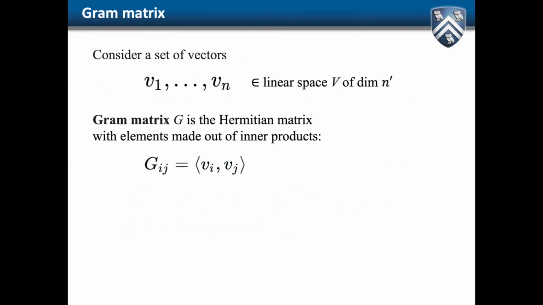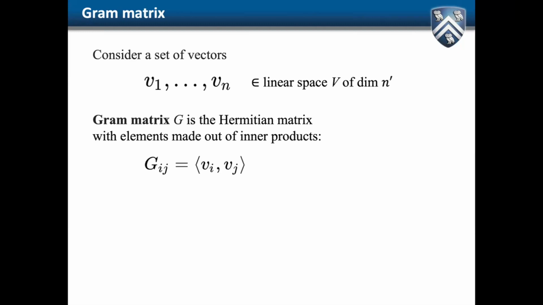All right, so let me first introduce the Gram matrix. You may or may not know this, but it's a simple idea that is really everywhere. Say in some linear vector space, the dimension of the vector space is n. Then we select arbitrarily some vectors, n of them, and label them V1, V2, up to Vn.